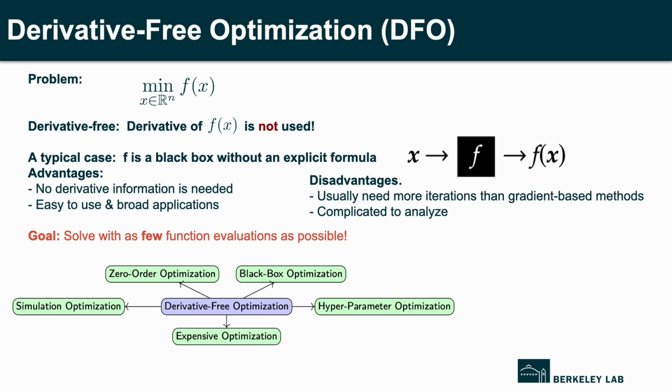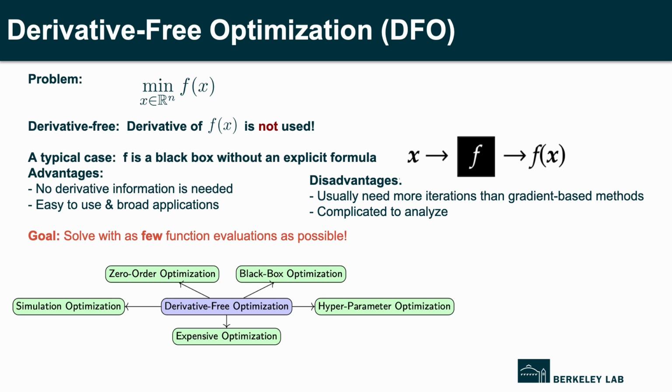So there are a lot of applications. However, as no derivative information is available, it's hard for us to approximate the objective function. So it really needs more iterations than the gradient-based methods, and it's very complicated to analyze.